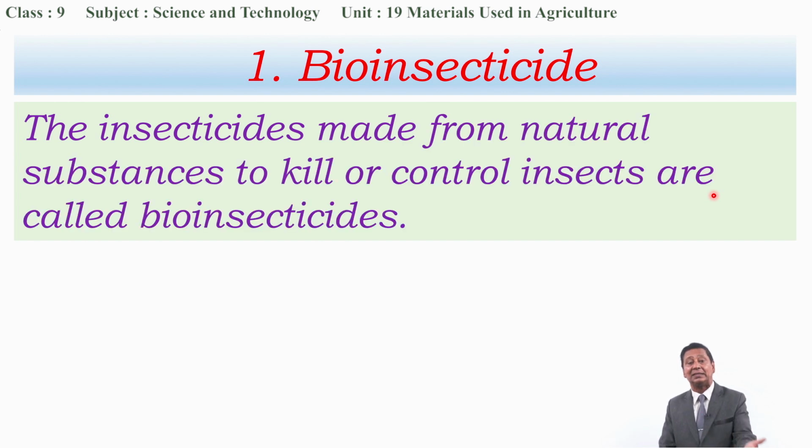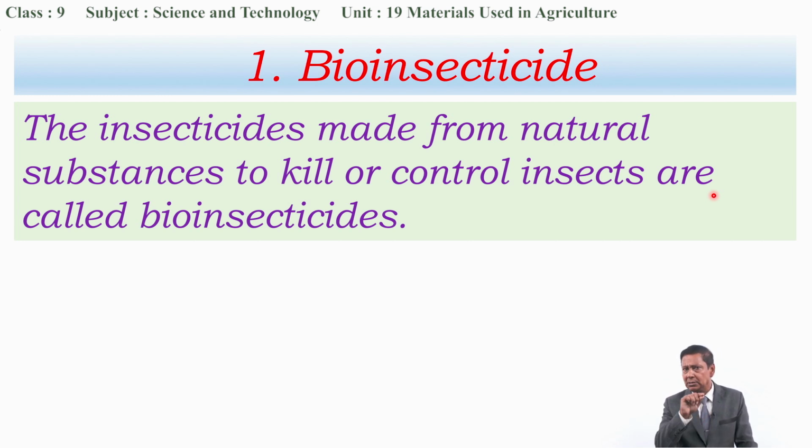That's why the insecticide made from natural substances to kill or control insects are called bioinsecticides. But at the meantime, we have to understand some other matter also. Actually, this bioinsecticide is the chemical substance found in nature, extracted from nature and used to kill the harmful insect in the field.